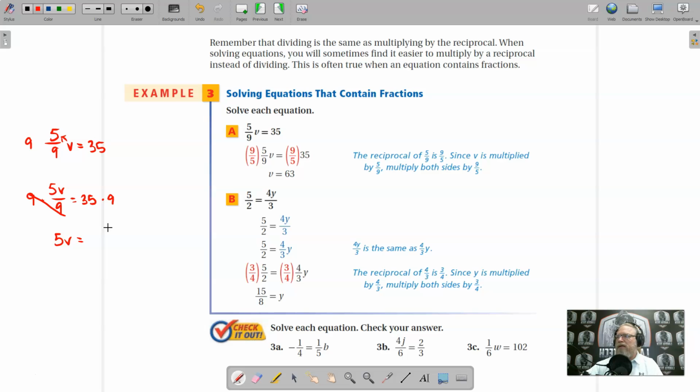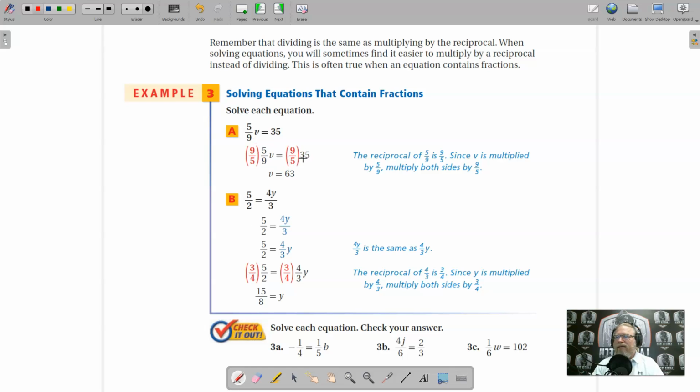What is that, 270 plus 45, I think I'm going to use a calculator for that one. 35 times 9 is 315. And then you could divide by 5, and the 5's would cancel each other, leaving you with v, and 315 divided by 5 equals 63. So there's another way to get there. You could actually do it without multiplying times the reciprocal. However, multiplying by the reciprocal is probably going to be the easiest way to do that.